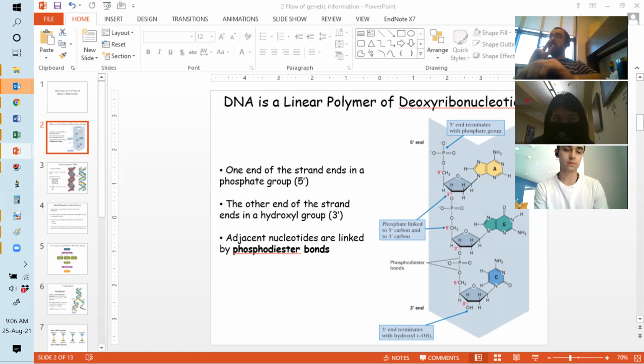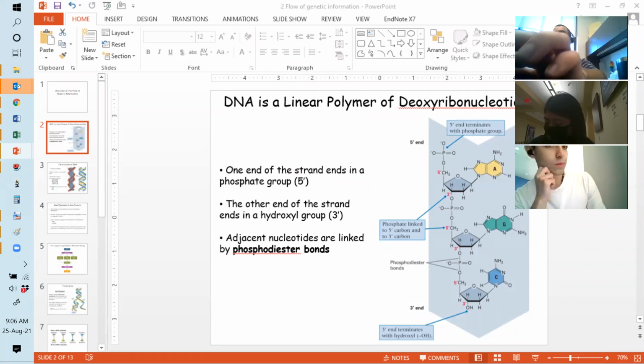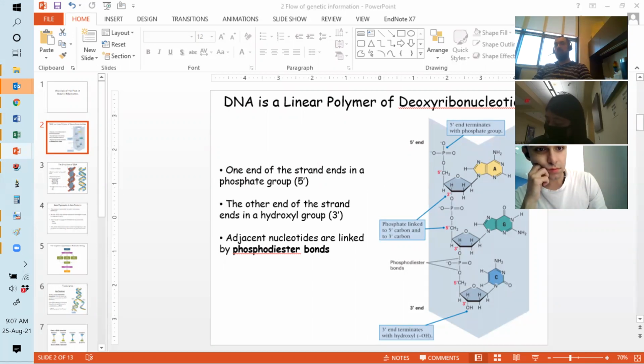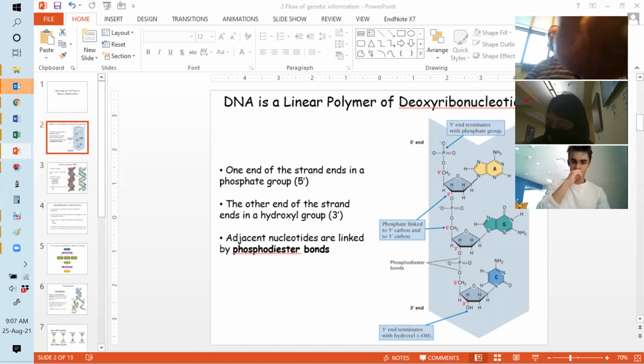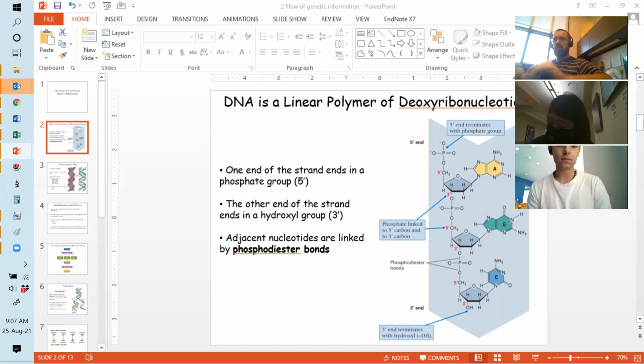RNA has two. One on the 3' carbon, same as DNA, and one on the 2' carbon, which is one thing that makes RNA a little bit more prone to degradation. It also allows it to do other funky stuff like sticking to itself.